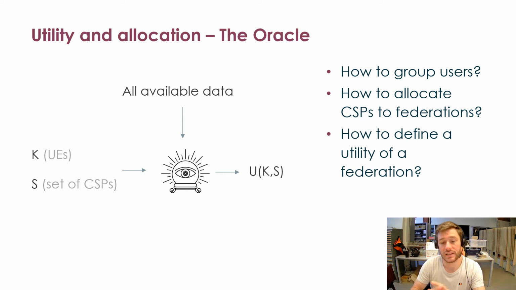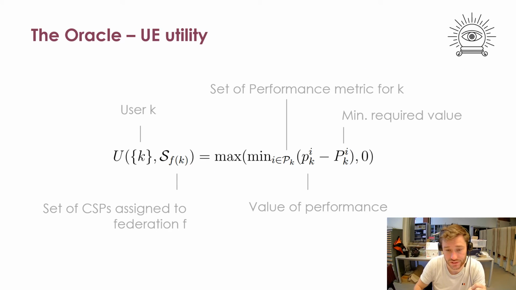So the first question is how to group these users to form a set of users, how to allocate a set of CSPs to that group of users or the federation, and how to define the overall utility of the federation.